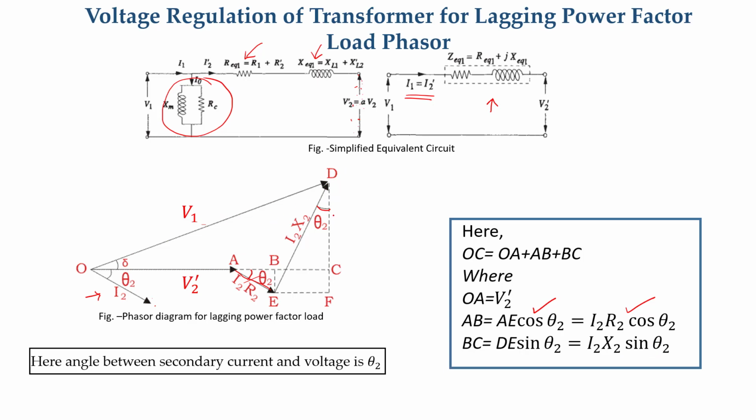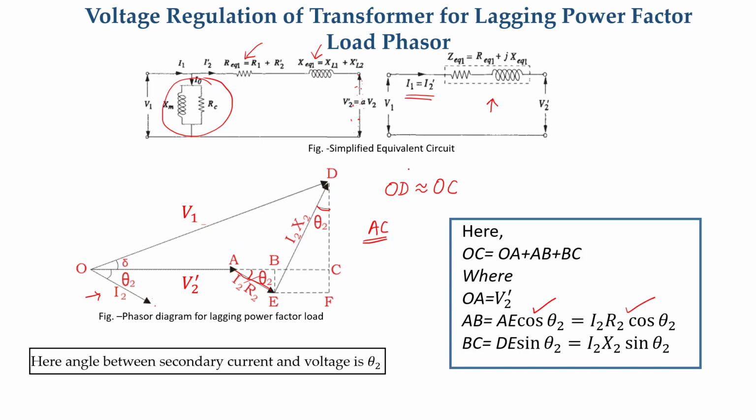Since the angle delta is very small, OD is approximated as OC, as you are already aware from previous classes. So the difference is simply AC, which means V1 minus V2 dash.